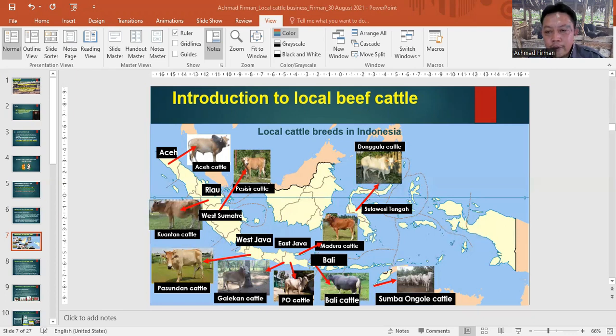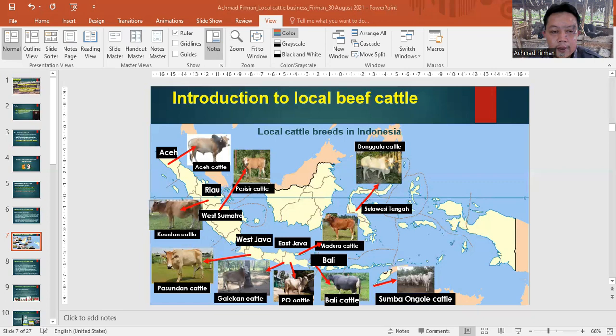Bali has a pure cattle breed. It's called Bali cattle. Bali cattle are included in the Bos sondaicus class.